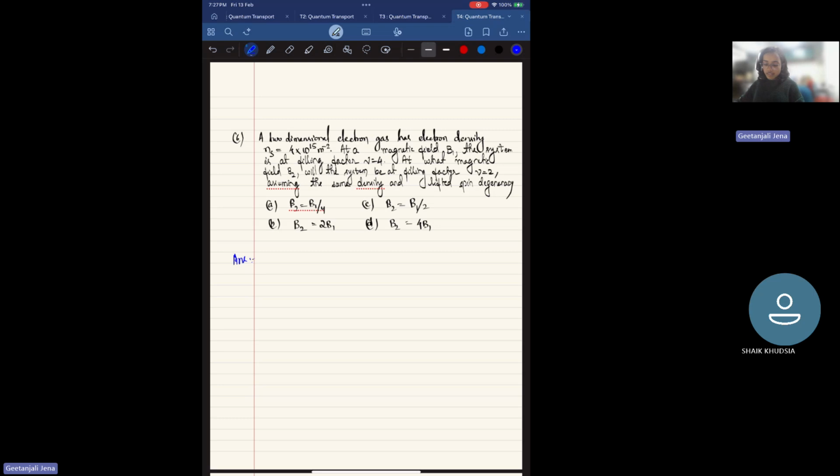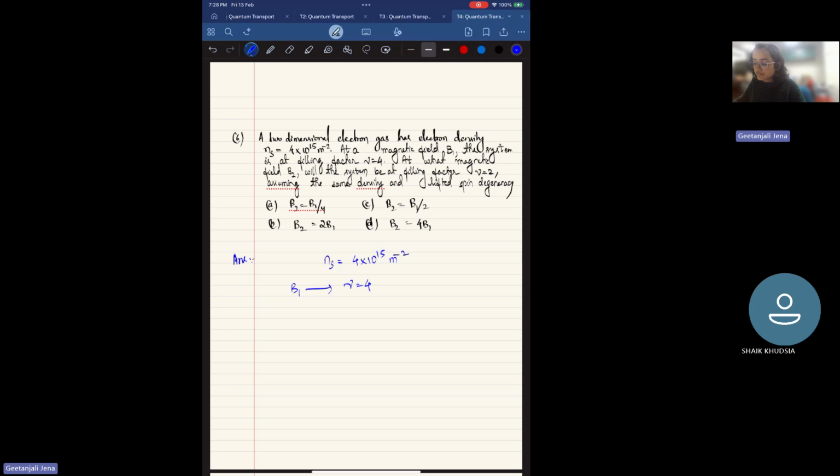Okay, so let us move to our next question. It's given a two-dimensional electron gas density of 4 into 10 to the power 15 per meter square. At a magnetic field B1, the system is at filling factor nu equal to 4.